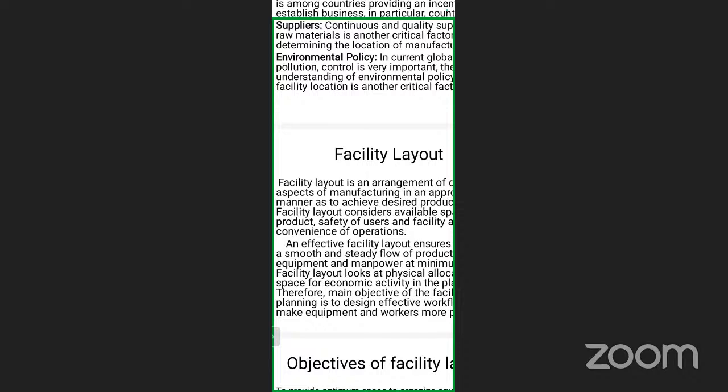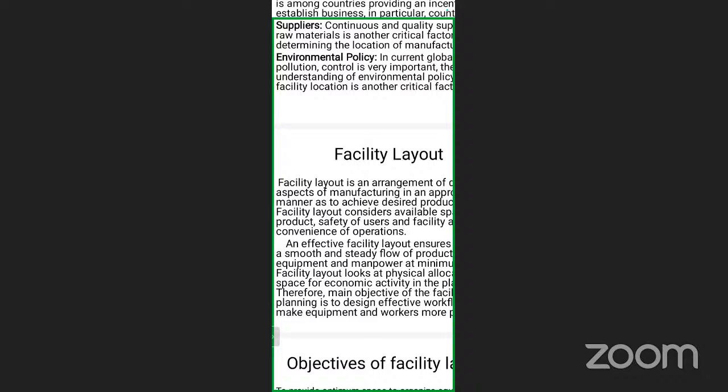After getting all the equipment, after arrangement of all these things, how you have to analyze the best location for producing the product for the customers, so that the facility will be available for business operations.